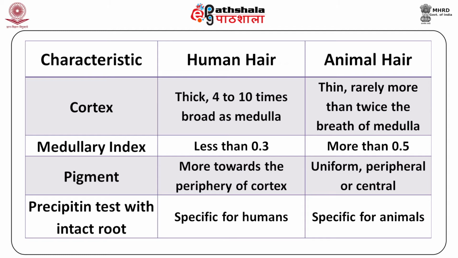The medullary index in case of humans is less than 0.3, whereas in case of animals it is more than 0.5. Pigments in case of human hair are more towards the periphery of the cortex, whereas in case of animals they are uniform, peripheral or central. The precipitin test with intact root is specific for both humans and animals.